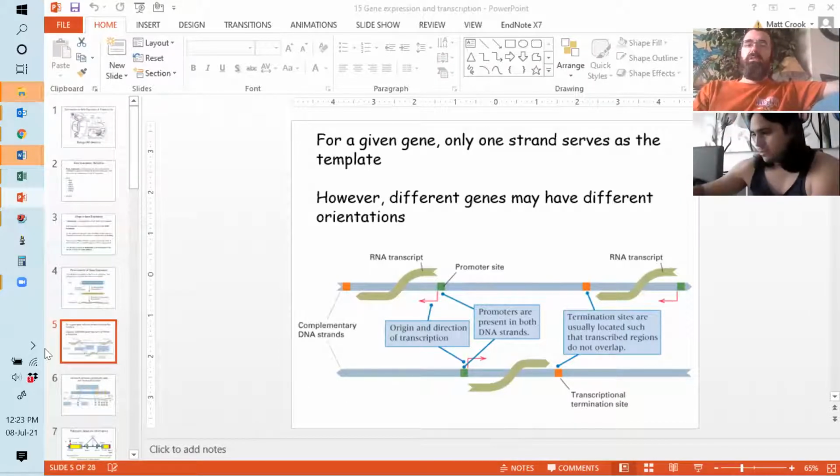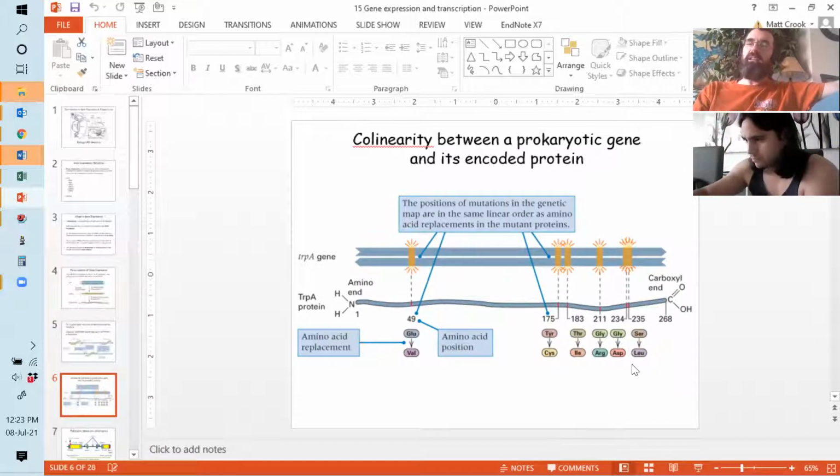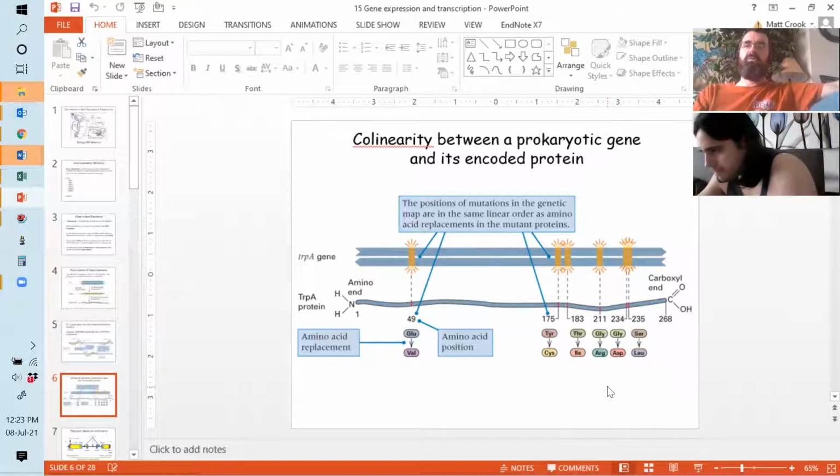Okay, so in terms of gene structure, prokaryotes and eukaryotes are very, very different. So in prokaryotes, the DNA sequence directly maps to the protein sequence. And this may be like, well, duh, obviously it does, right? Just give me a second and we'll see how that doesn't apply in eukaryotes.